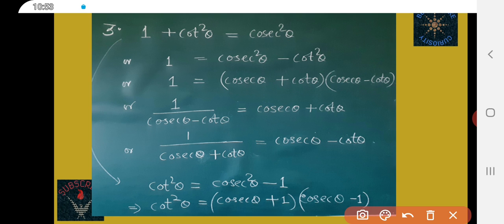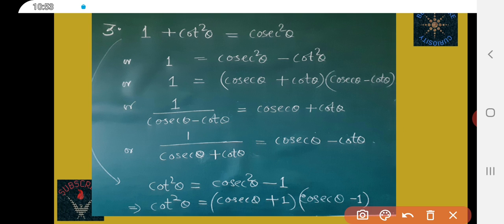So you can take this to the left side, then you get 1 by (cosec theta minus cot theta) is equal to this, cosec theta plus cot theta. Or you may take this to the left side, then 1 by (cosec theta plus cot theta) is equal to this, cosec theta minus cot theta.